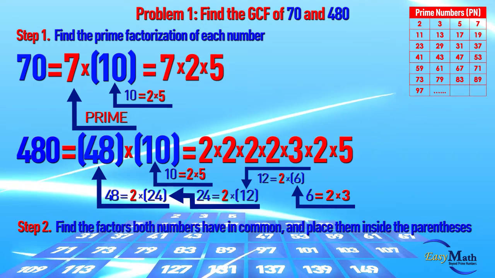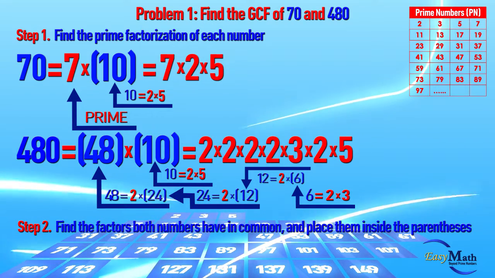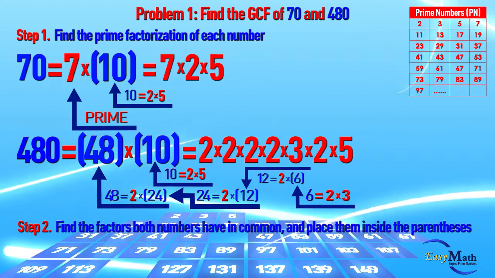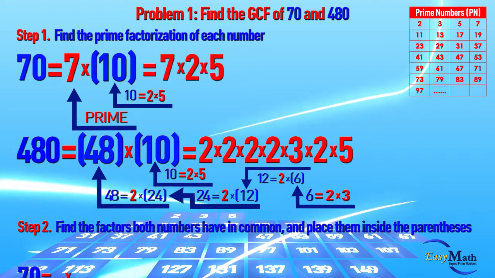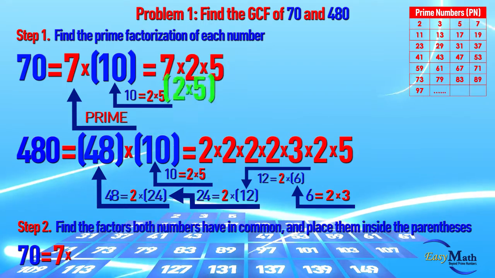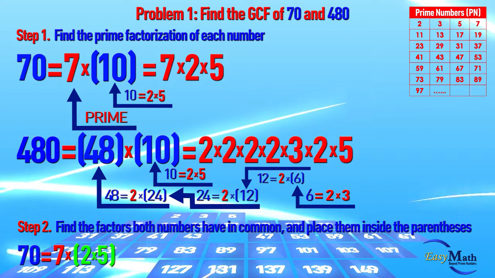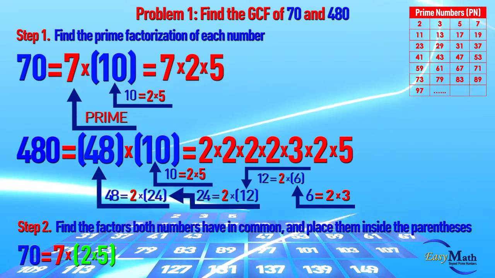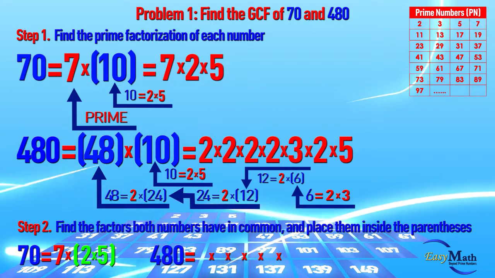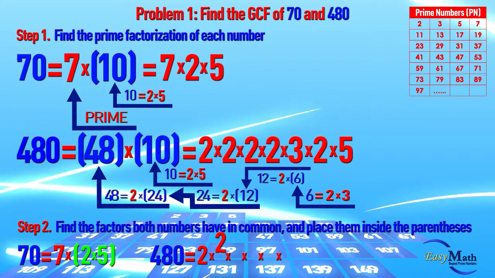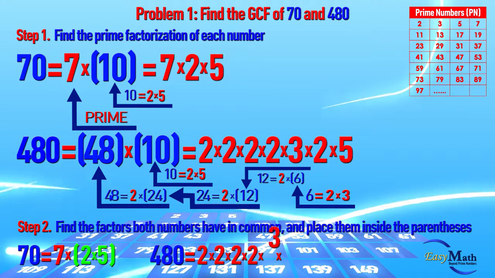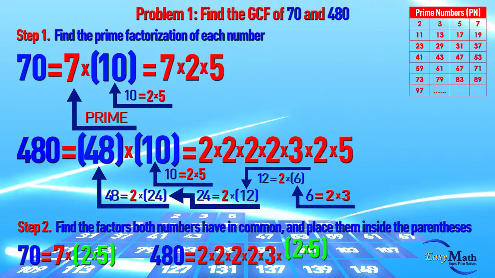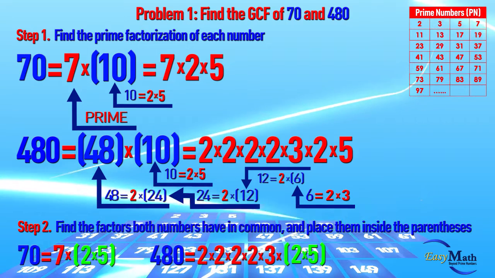Step 2. Find the factors both numbers have in common and place them inside the parentheses. 70 equals 7 times the grouping 2 times 5. 480 equals 2 times 2 times 2 times 2 times 3 times the grouping 2 times 5.